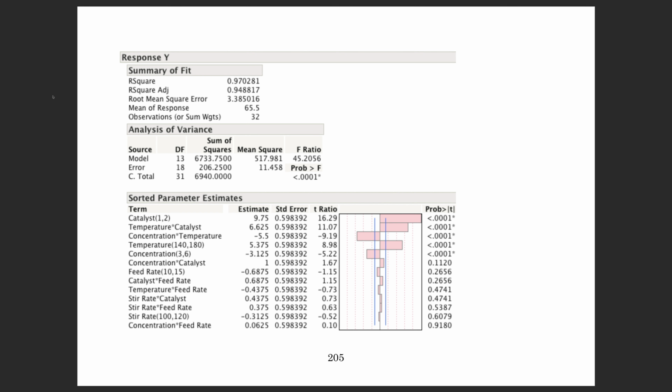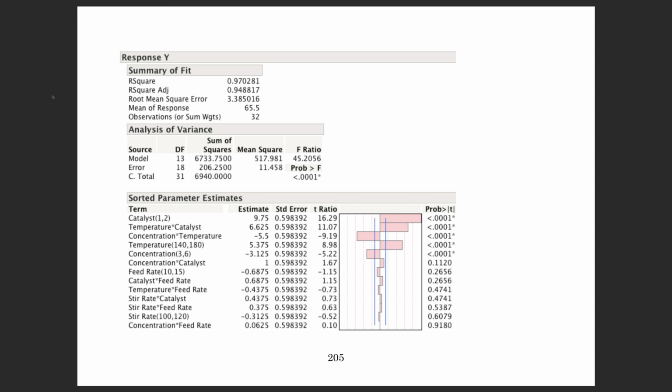So in other words, it looks like feed rate and stir rate do not influence the outcome, right? We just need to look at the combinations of catalyst, temperature, and concentration. And of those, the only one that isn't significant is the concentration by catalyst interaction.